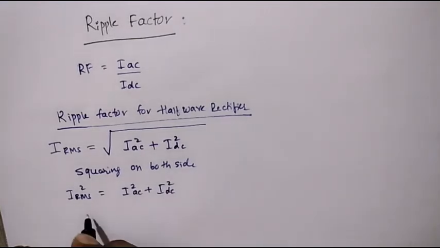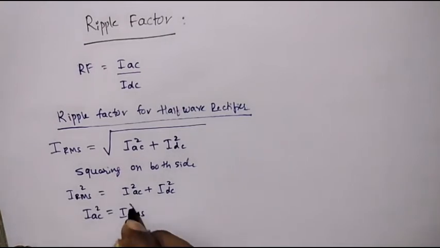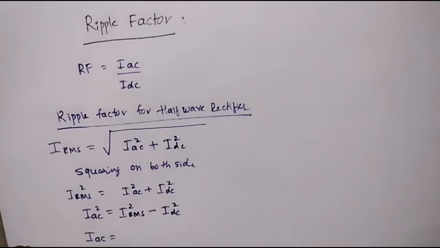So this equation can be written as IAC square is equal to IRMS square minus IDC square. So now I can write IAC is equal to under root IRMS square minus IDC square.